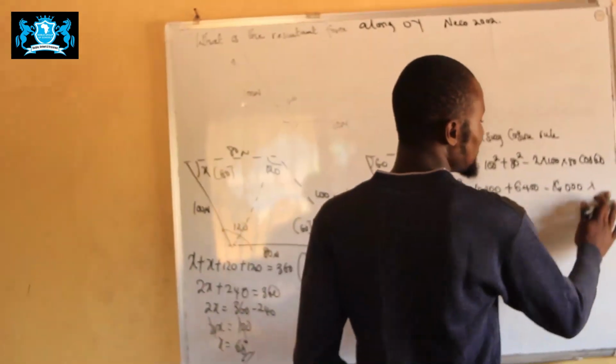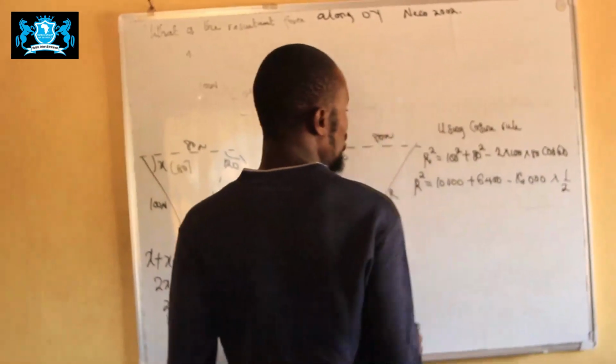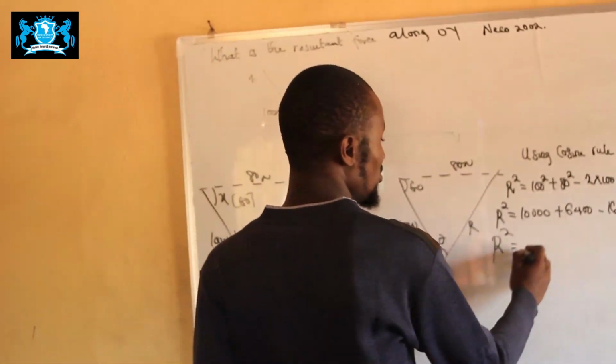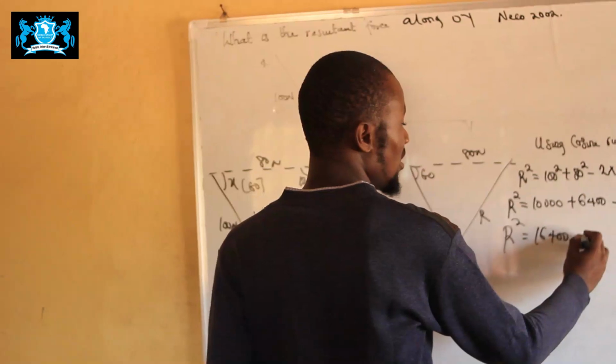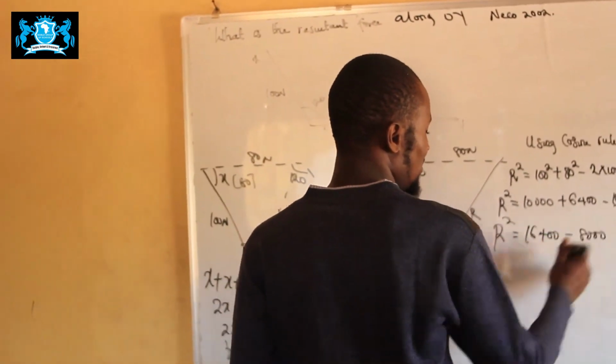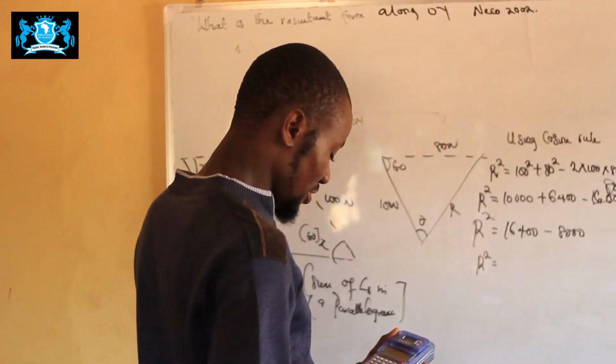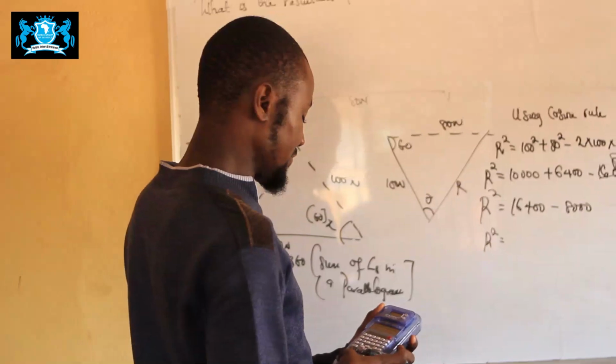When you take cos 60 from trigonometry special angles, it is 1 over 2, that is 0.5. So you have R squared is equal to 16,400 minus 8,000.